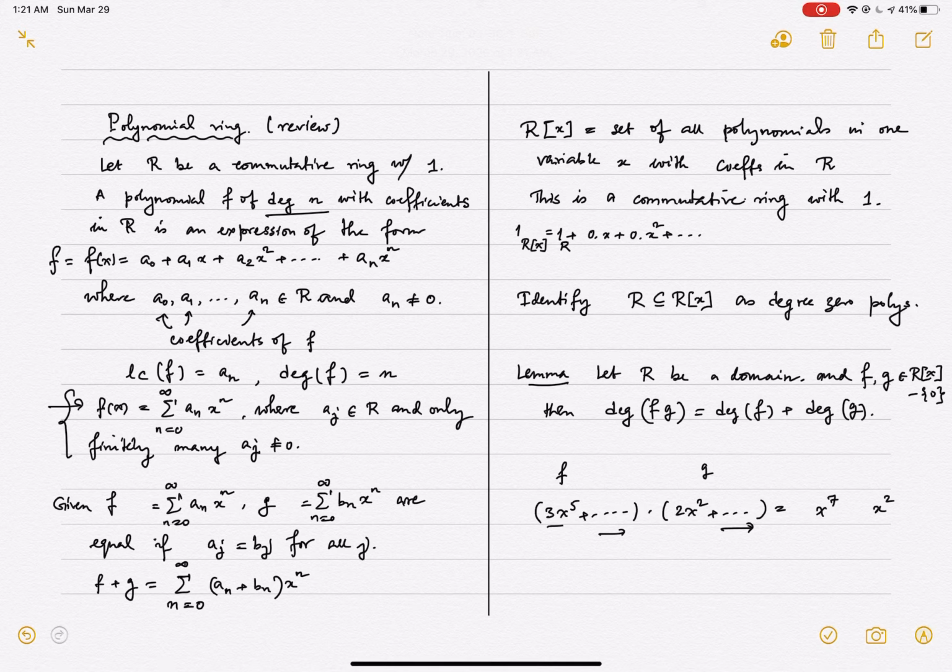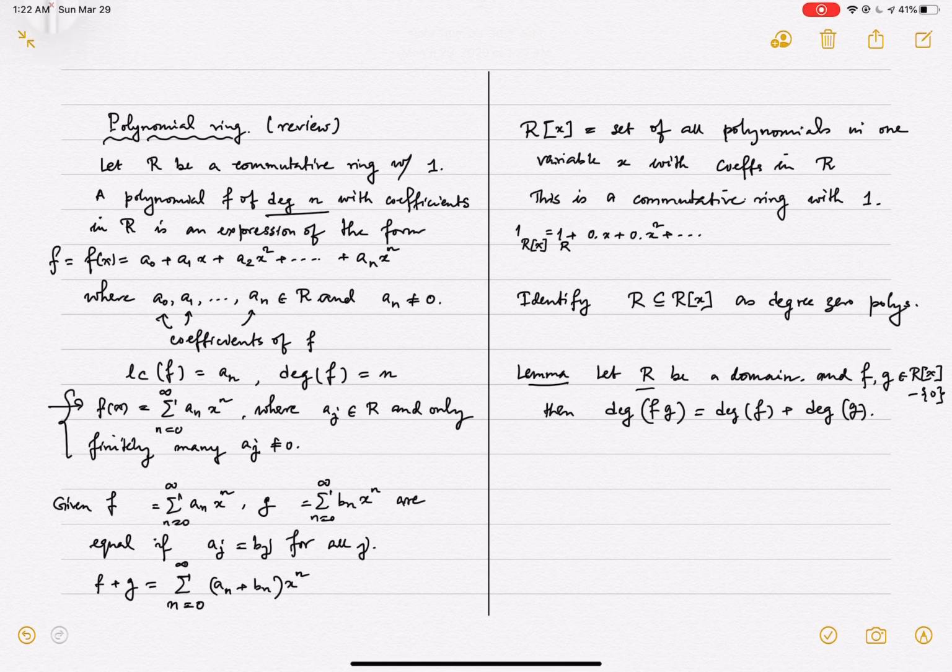It's coming from the two leading terms, so it will be 6 times x to the 7. And since R is a domain, when you take these leading coefficients, if they are non-zero, then when you multiply them, you still get something non-zero. And that's basically the proof of this. So that's why the degree adds up, because the top degree term of f and the top degree term of g are the only things that multiply out to give the top degree term of f times g.